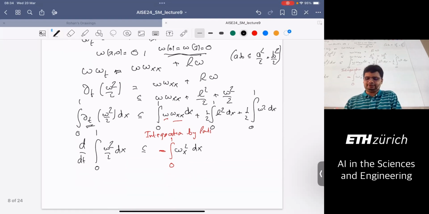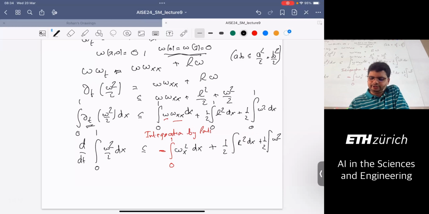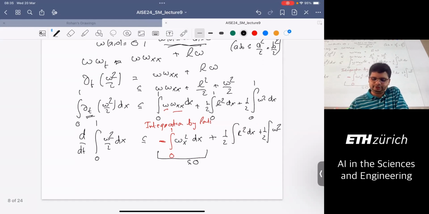So once you have this, you are almost done because you have half R squared dx plus half W squared. Okay, so now the half can be cancelled. This quantity here is always going to be a negative quantity, so this entire thing is negative, right? Because this is a positive quantity, it's a square.